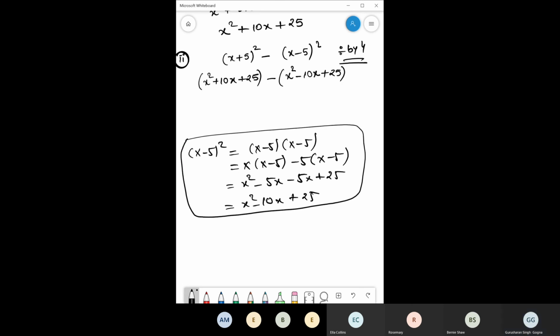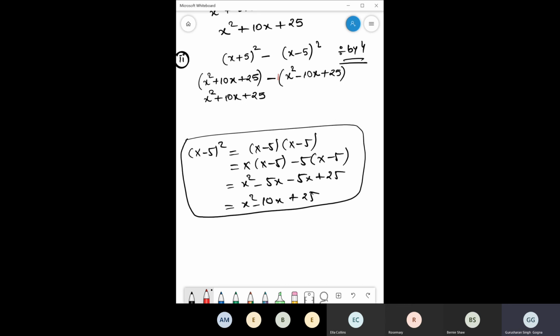Now you have to be careful with the bracket and this minus sign. So first you open the first bracket, obviously it will give you the same thing back, but when you open the second bracket, outside the bracket you have a negative sign, and if you have a negative sign you can consider this as, let's say, minus 1, isn't it? So generally when we open the bracket we multiply everything by whatever is outside the bracket.